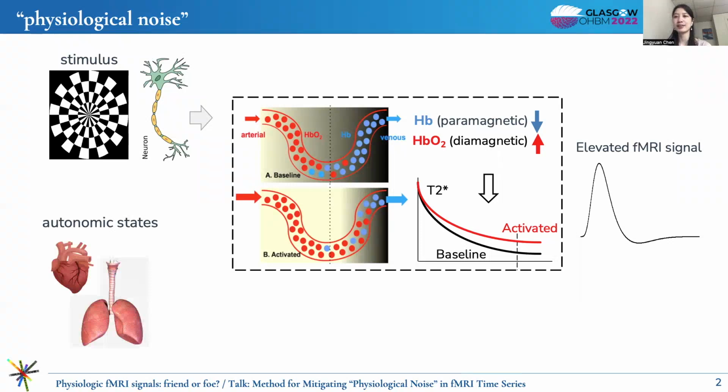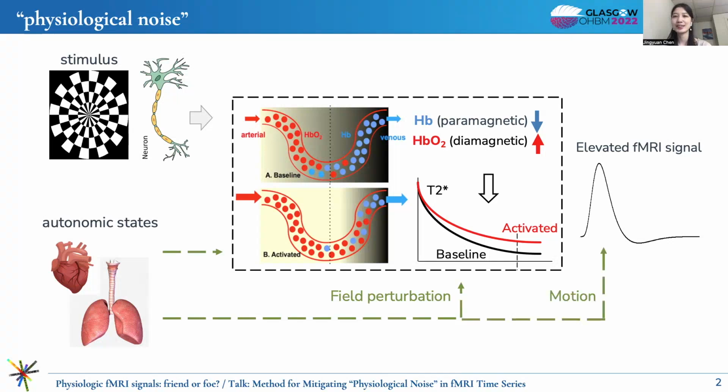And changes in respiration, heart rate, or blood pressure may also incur blood oxygenation level changes at a range of temporal scales. And vessel and body movements coupled to these processes may also incur magnetic field changes that modulate the signal intensities or directly disturb the dynamics of functional measures.